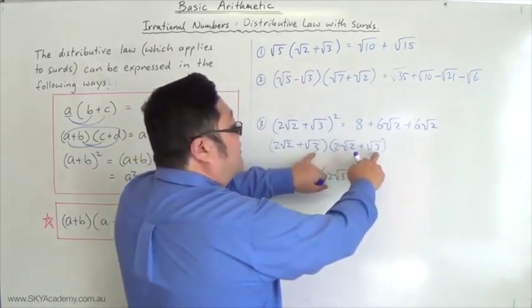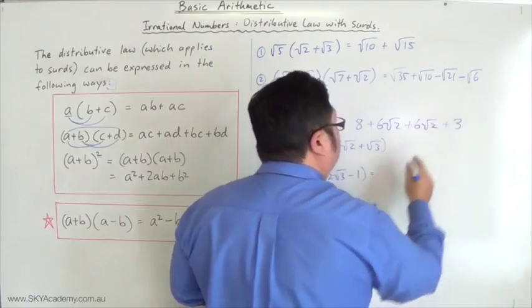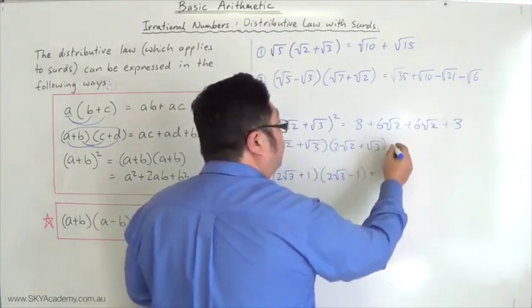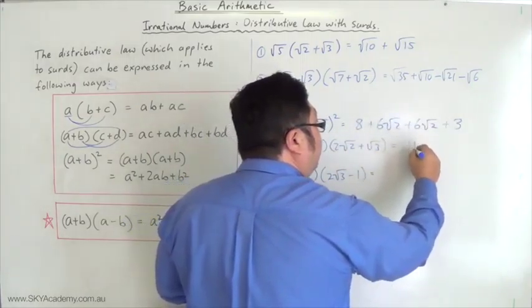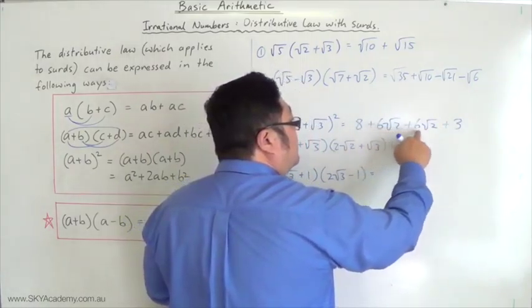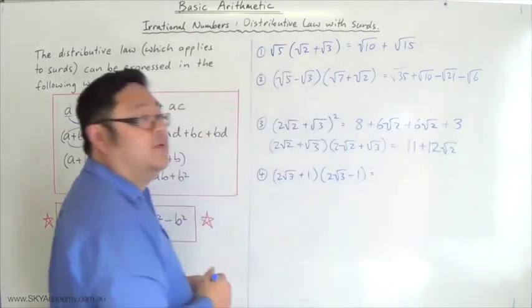And the last two, root 3 times root 3, gives you 3. So your answer will be 8 plus 3, which is 11, and 6 root 2 plus 6 root 2 gives you 12 root 2.